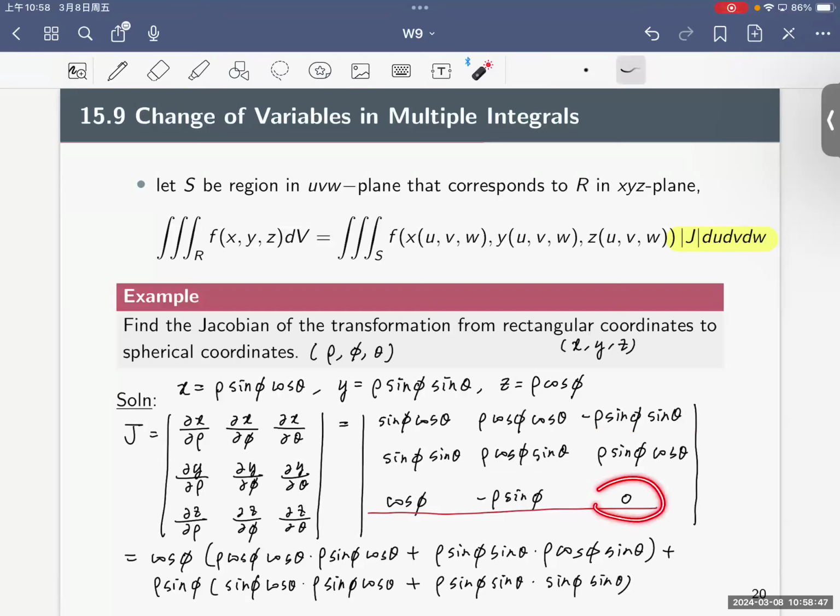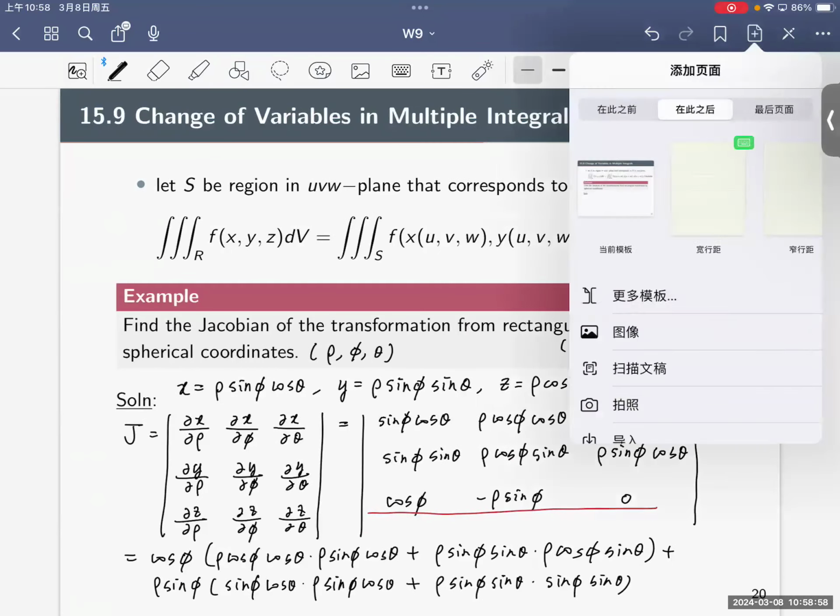And then the last element is 0, and 0 multiplies everything to give 0, so I can ignore that. So this is the value of the second order determinant.